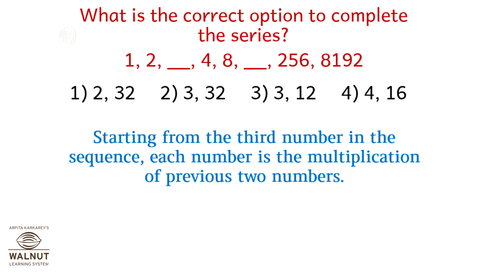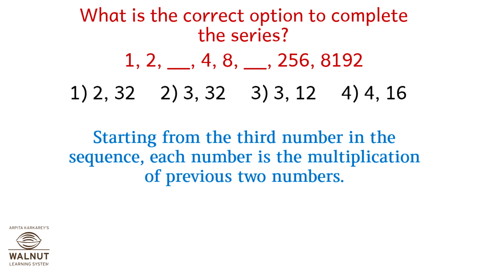Now let's try multiplication. When we multiply 1 and 2, we get 2. When we multiply 2 and 2, we get 4. So I think we're heading somewhere. When we multiply 4 and 2, we get 8. When we multiply 8 and 4, we get 32.